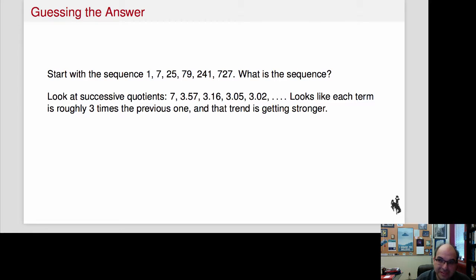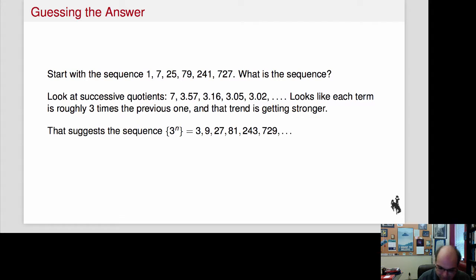It's not perfect, but it's just a little promising. It's about 3 times the previous one, and it's getting stronger, so I'm a little encouraged. So here's what I have. I have a guess that 3 to the n is a possible solution. It's just a possible solution. It's obviously not correct.